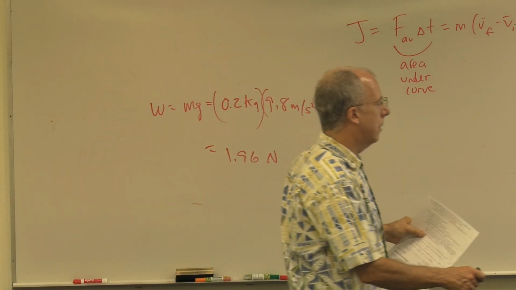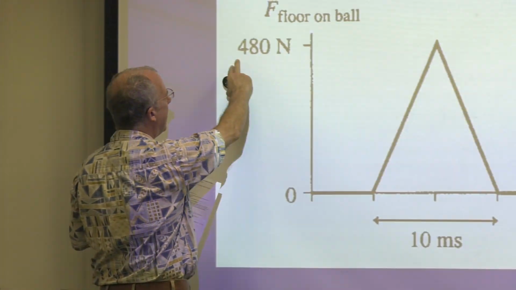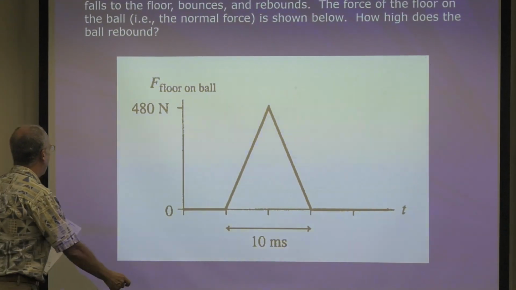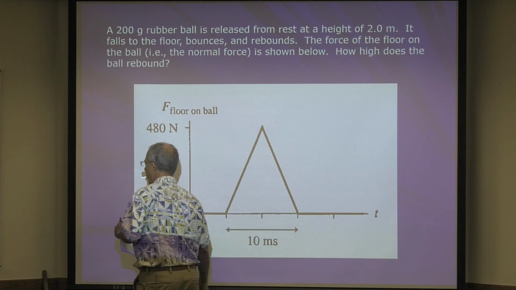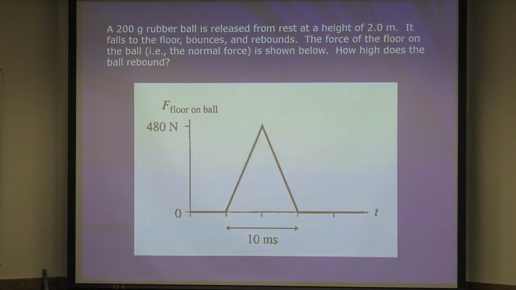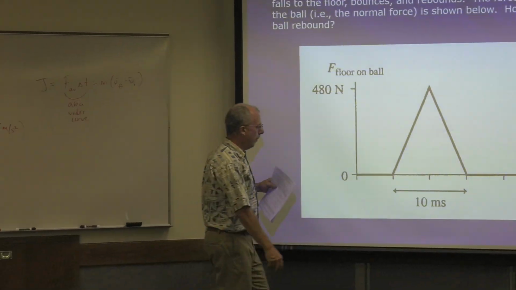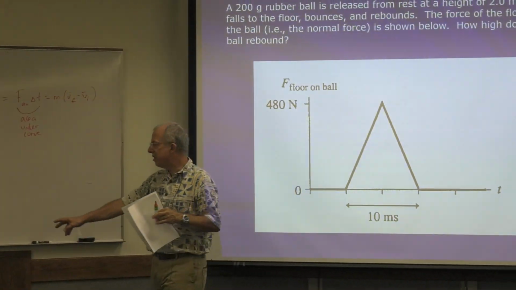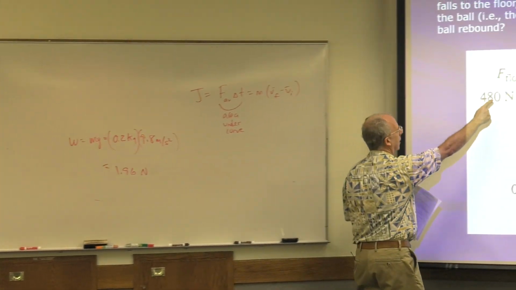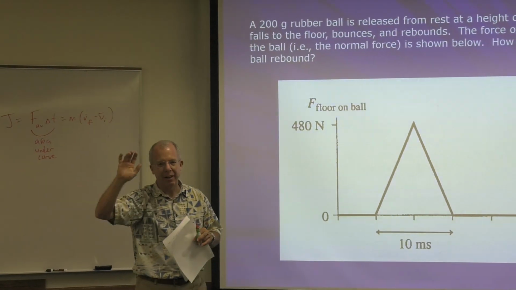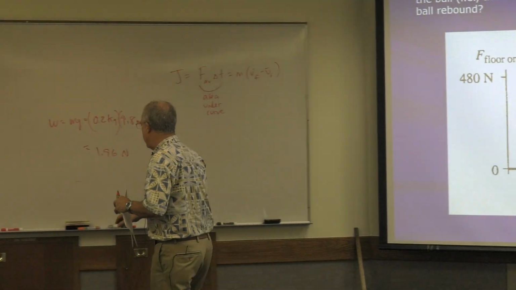Now look at this. 480 newtons over 10 milliseconds. And this is just going to be 2 newtons over 10 milliseconds. So, is this a significant fraction of that? No. So, you know what we can do?